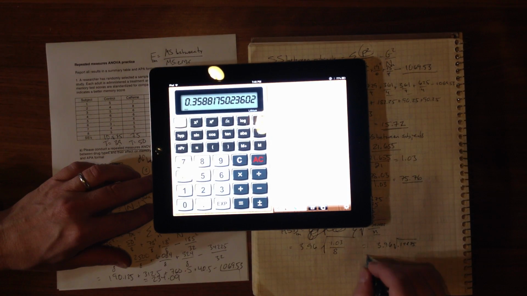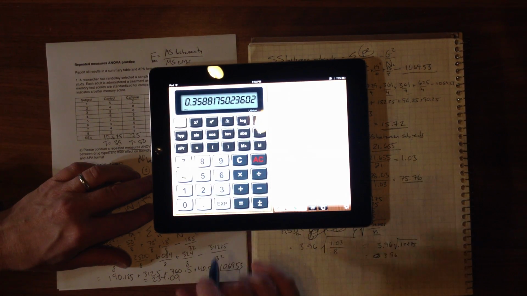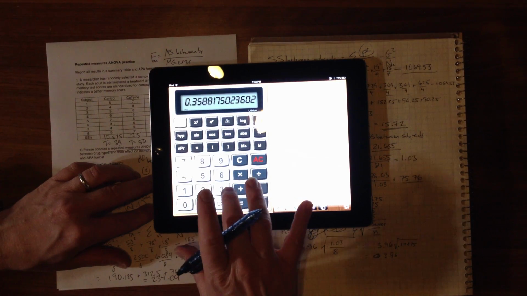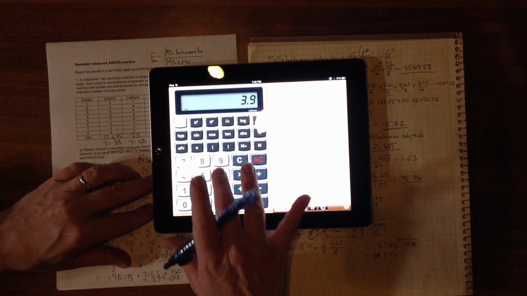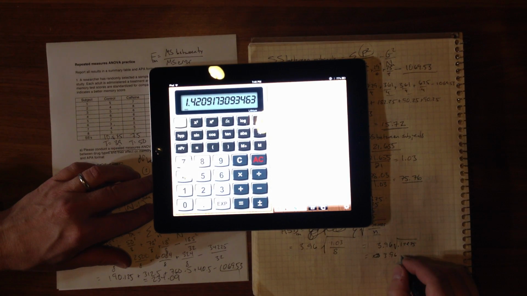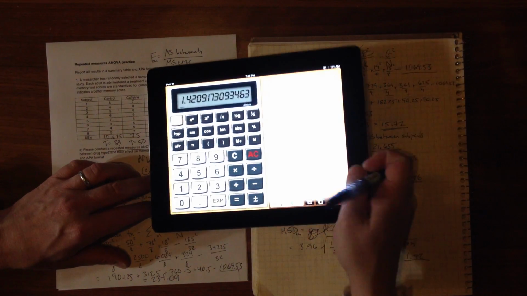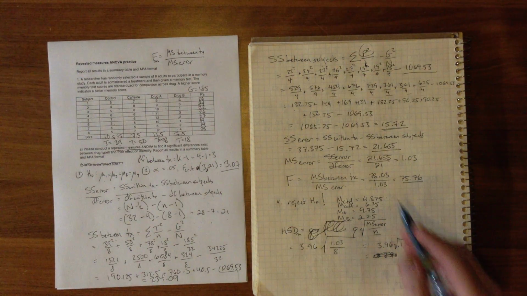Alright, so 3.96 times 0.3588175, etc. gives us 1.42 with some rounding. Right, so the difference has got to be that big.